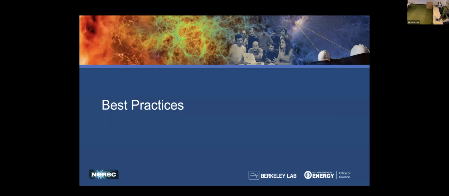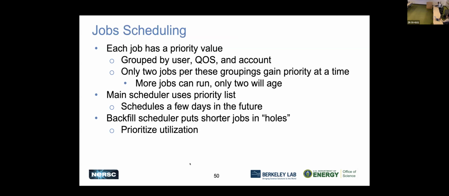All right. Some best practices that you want to keep in mind with job scheduling: as we mentioned, each job is given a priority value, and that's going to be based on the user, the QoS, and the account. Only 2 jobs per these groupings gain priority at a time. More jobs can run, but only 2 will age. Until those 2 do, the other jobs will just be waiting. The main scheduler uses a priority list, so you want to make sure you give yourself enough time to submit.